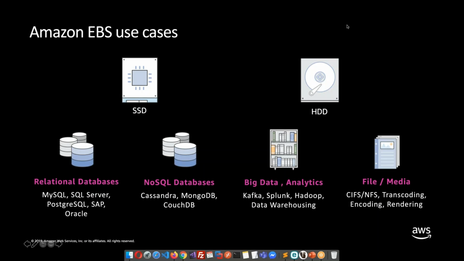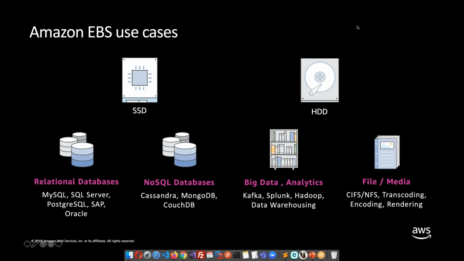Here are some of the use cases for EBS volumes on HDD and SSD. If you're running a relational database or NoSQL, we can use the typical SSD, like GP2. A relational database can be MySQL, SQL Server, Postgres, SAP, or even Oracle.